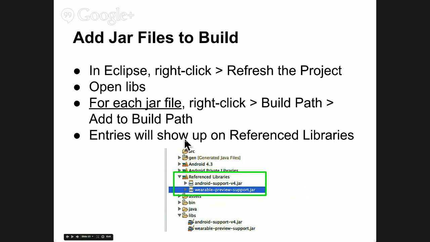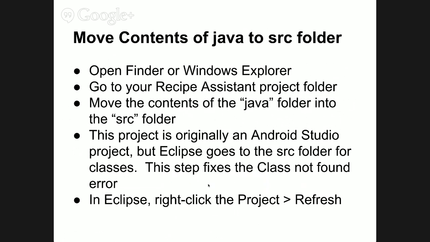You have to do it for each one. You'll see this grouping called reference libraries, and those two will show up here. When you have both, you're all set with that step.